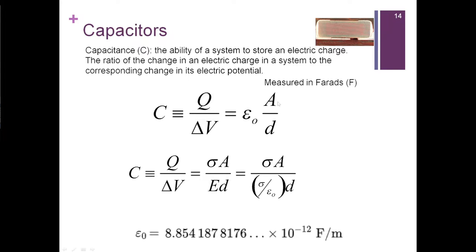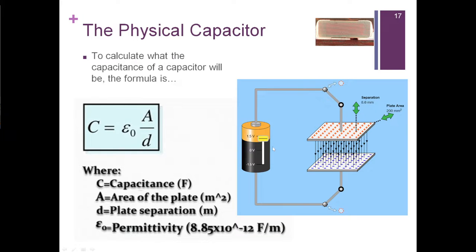The factors that actually affect a capacitor's construction are, one, the surface area of its two plates, and two, how far apart the two plates are. I'm going to jump around a little bit in my slides here.